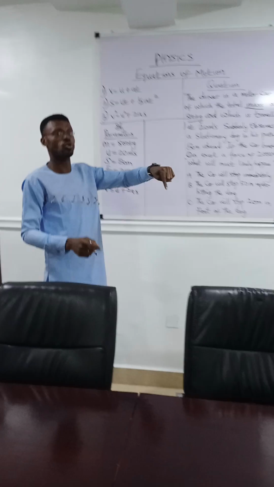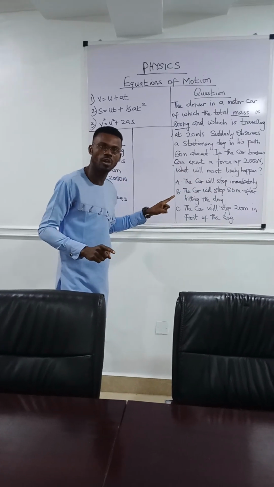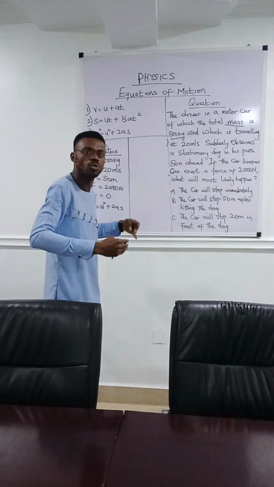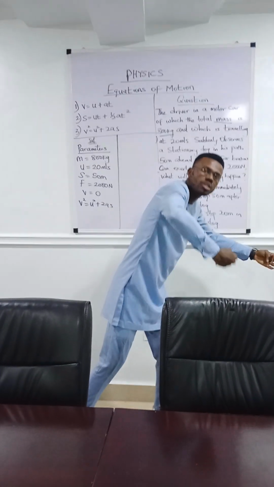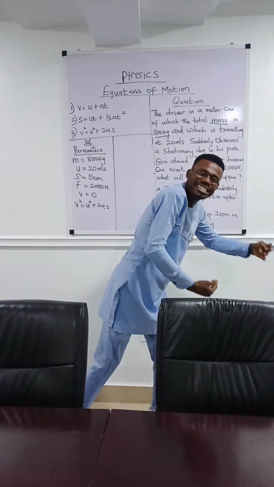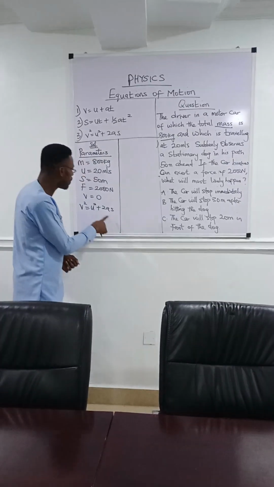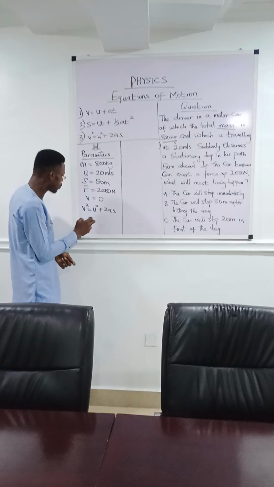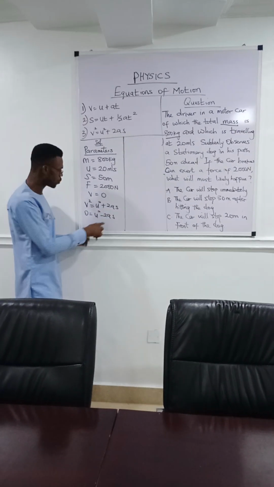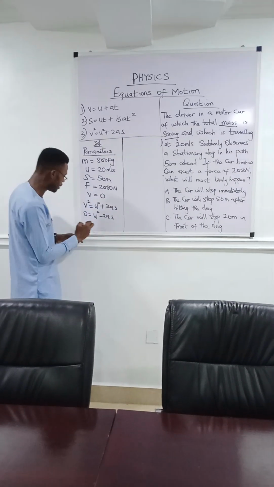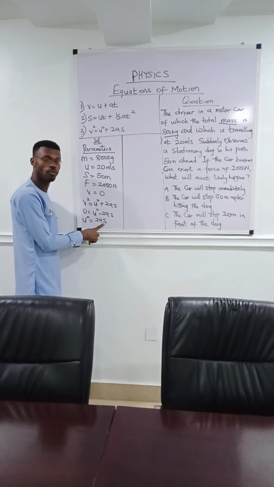Because it's coming to a stop, another thing I must state is that this is retardation and not acceleration. The vehicle is coming to a stop from initial velocity to final velocity 0. So coming to a stop means negative acceleration, which is retardation or deceleration. What that means is that our a will be negative. So I have 0 equals u squared minus 2as. If I collect like terms and move it to the other side, it becomes u squared equals 2as. I want to make s the subject of the formula, distance.